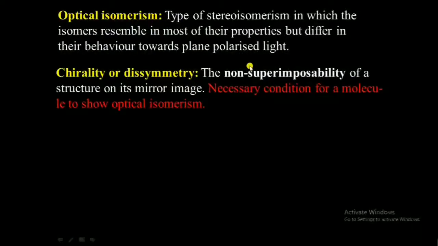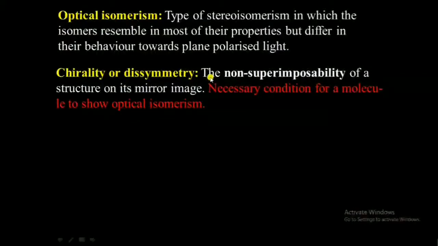Now, what is the reason for optical isomerism, or which molecules show optical isomerism? That is the point of discussion. The condition for a molecule to show optical isomerism is chirality or dissymmetry. What is chirality or dissymmetry?